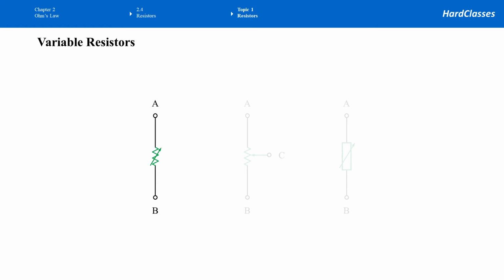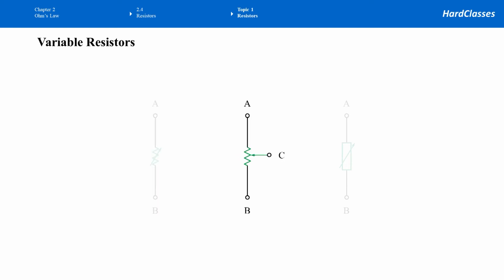For example, if the environment is very bright, the value may be reduced. Or if the environment is very dark, the resistance value increases. Or for a different type of resistor, if the temperature goes up, the resistance value might decrease. If the temperature goes down, its value might increase.